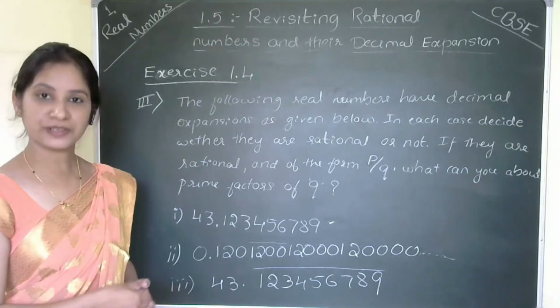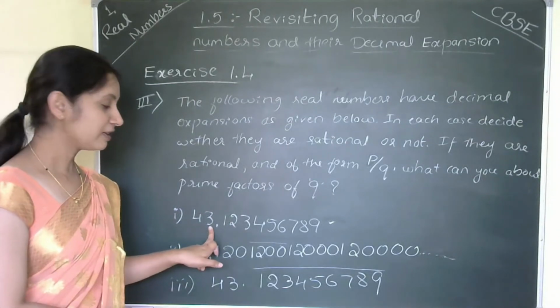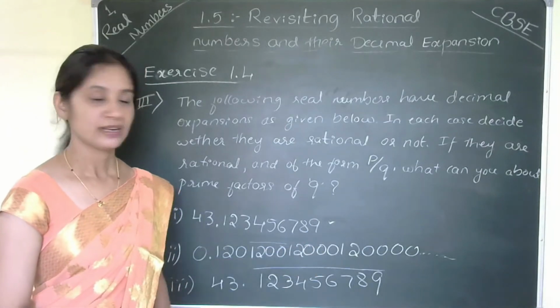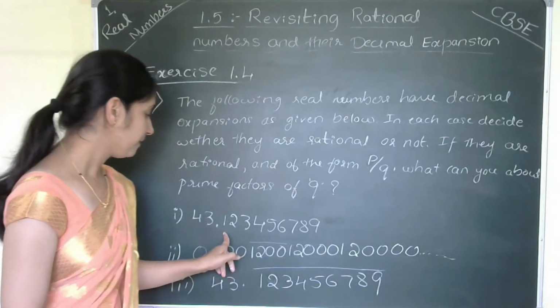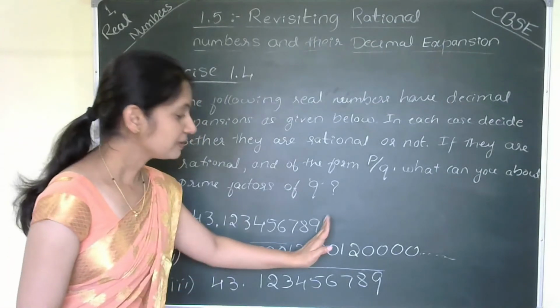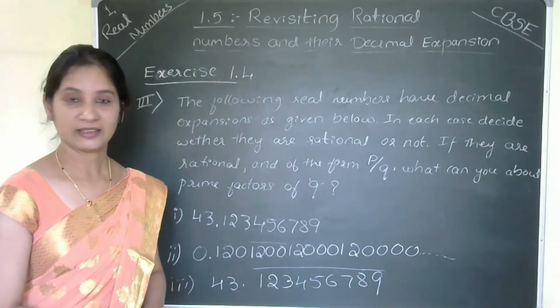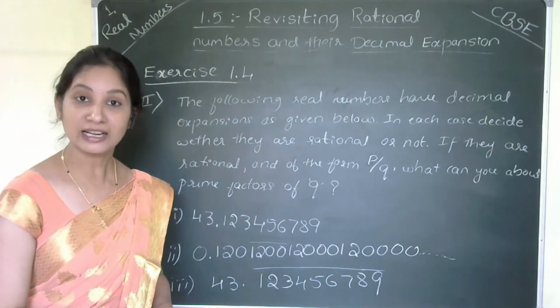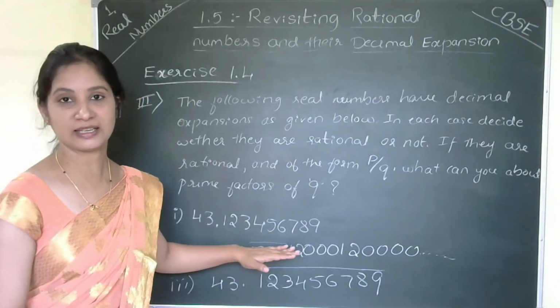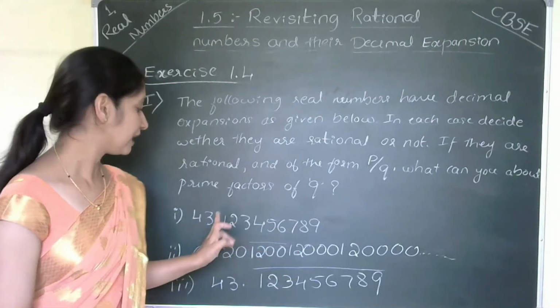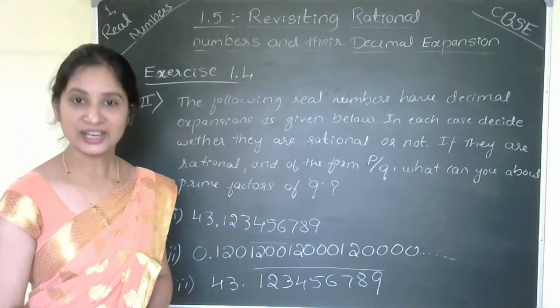Let us go for the first example. Here the number is 43.123456789, right? You are observing that after the decimal point the digits terminate. After 9 you are not observing any other digit. That means the decimal expansion is terminating. That is why it is a rational number.